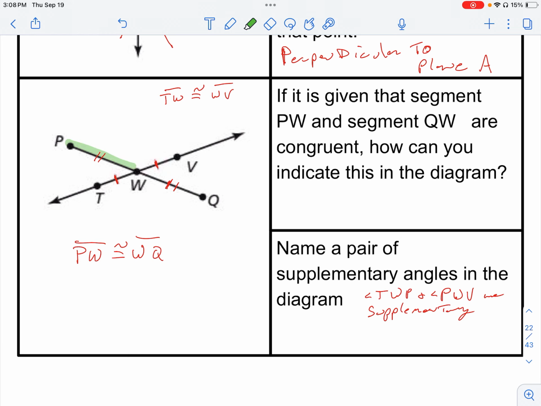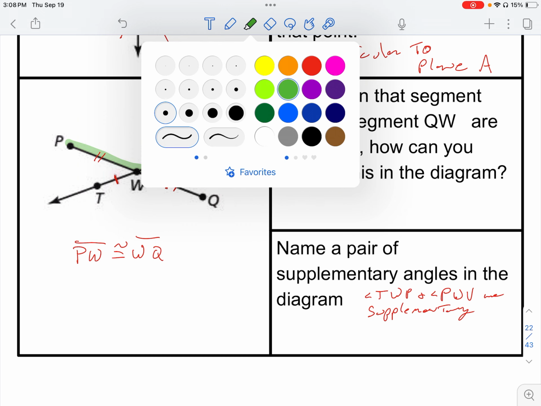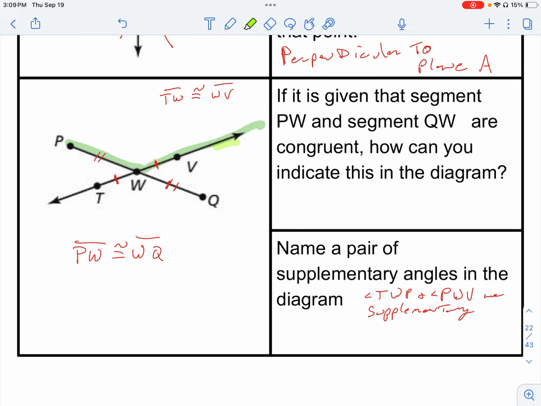We could have done PWV and VWQ, and that would have been true. VWQ and QWT, QWT and TWP are all valid answers because any linear pair is supplementary. And with that, we are done.